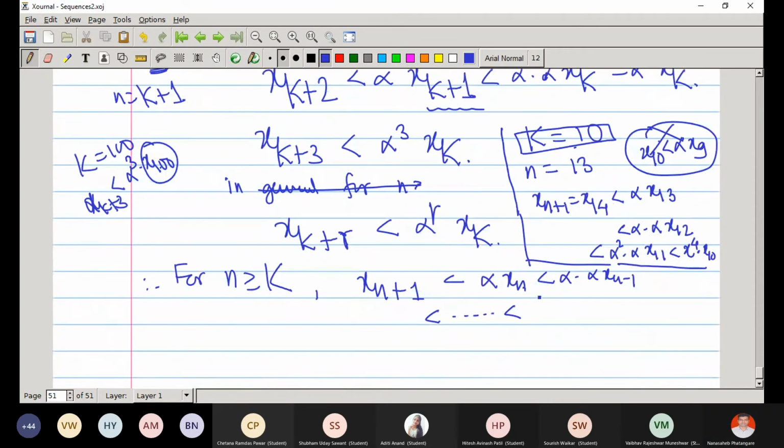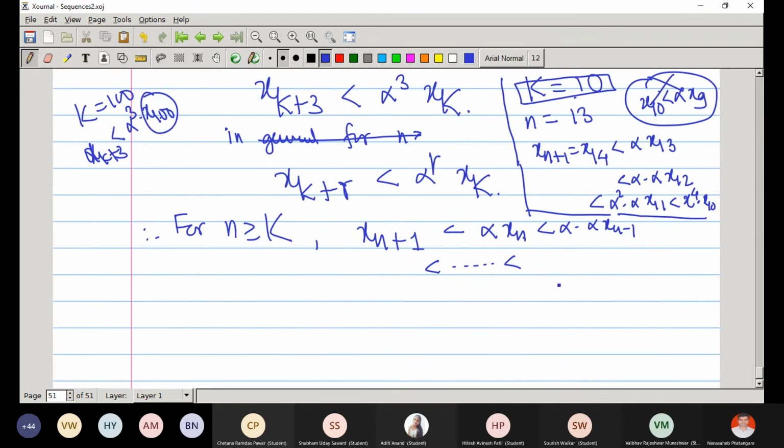Is it clear what I want to say? So we should stop at alpha raised to some power into xk, because I am choosing n greater than k and going back, and certainly we come to xk.